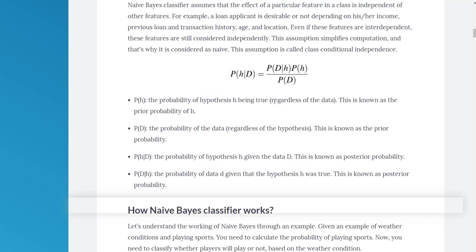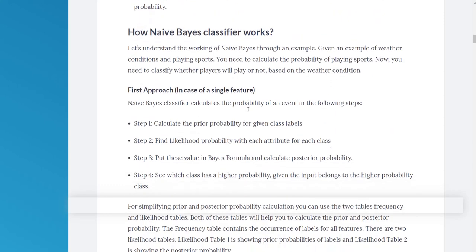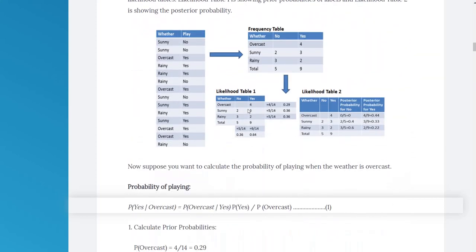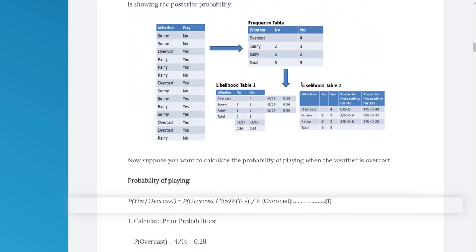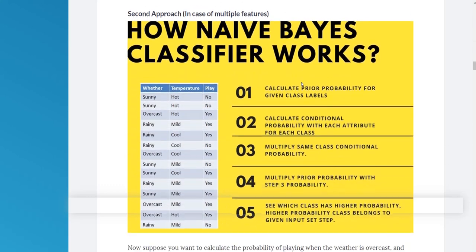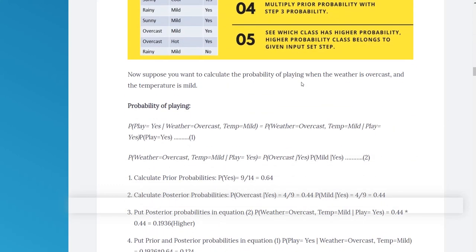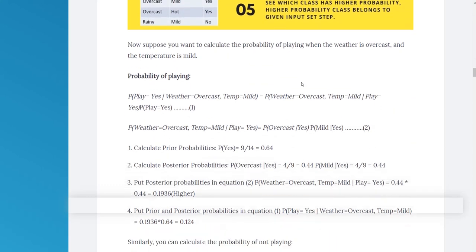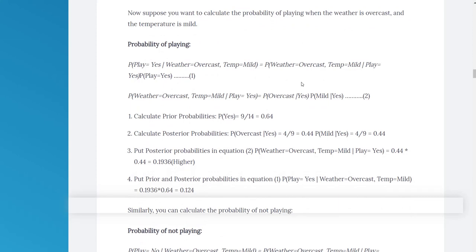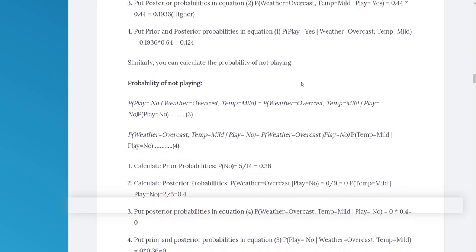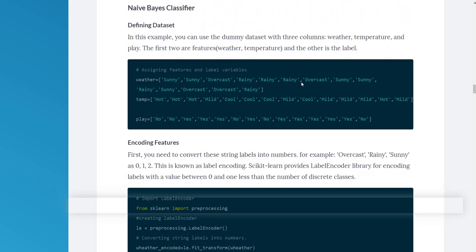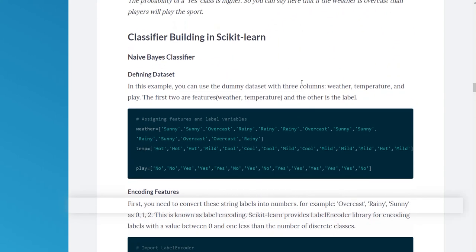There are several ways of writing Bayes theorem. They have shown the frequency table, the likelihood table, and the mathematical calculations. It's very good stuff. When you go through it line by line, you will understand everything about how the Naive Bayes classifier works.